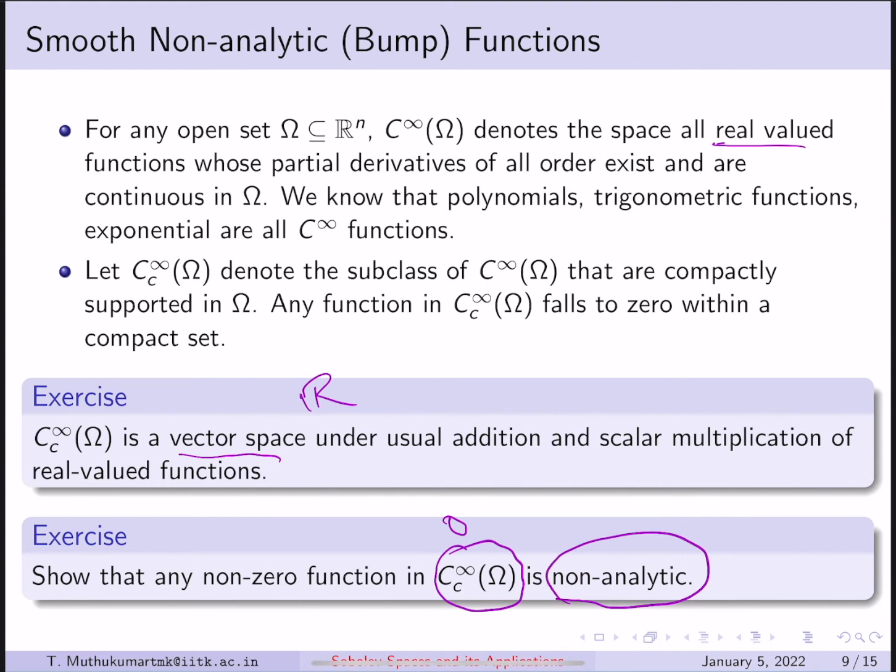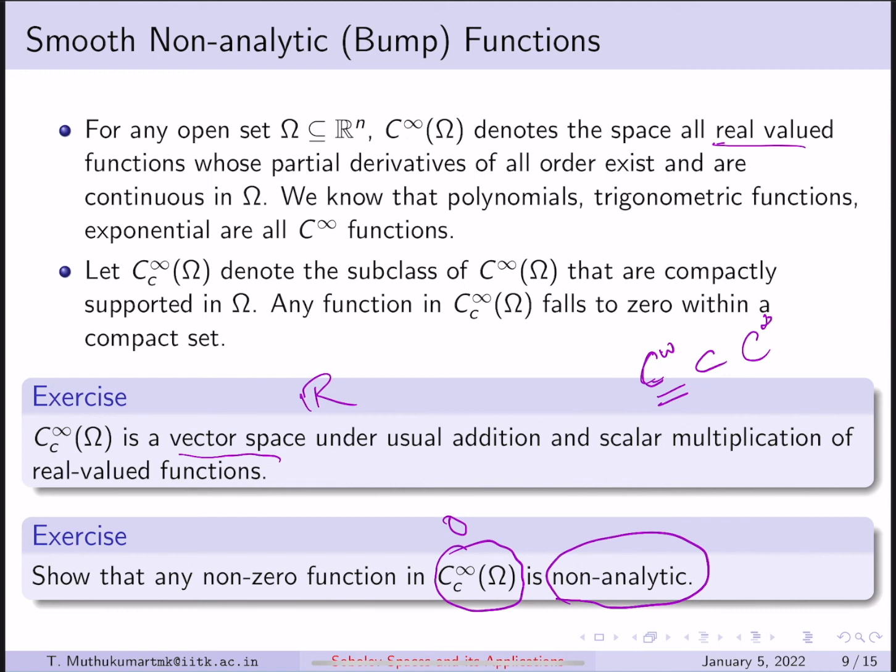You already know that when you talk of infinitely differentiable functions, there is a subclass of functions here which are usually denoted as C omega. These are analytic functions. What are analytic functions? These are infinitely differentiable functions where the power series converges to the function, so it admits a power series expansion.